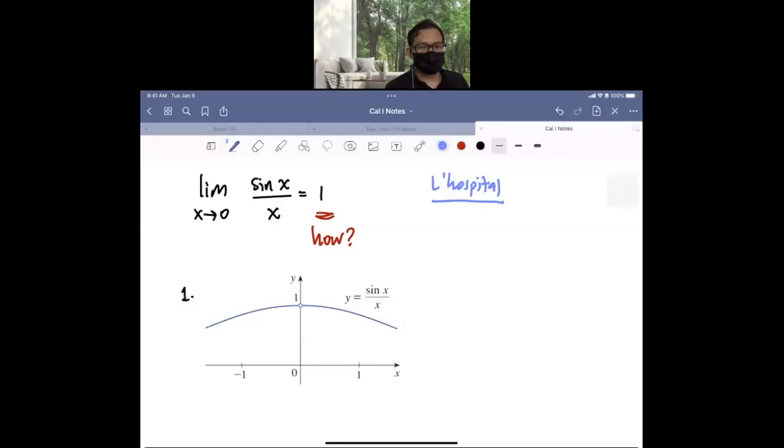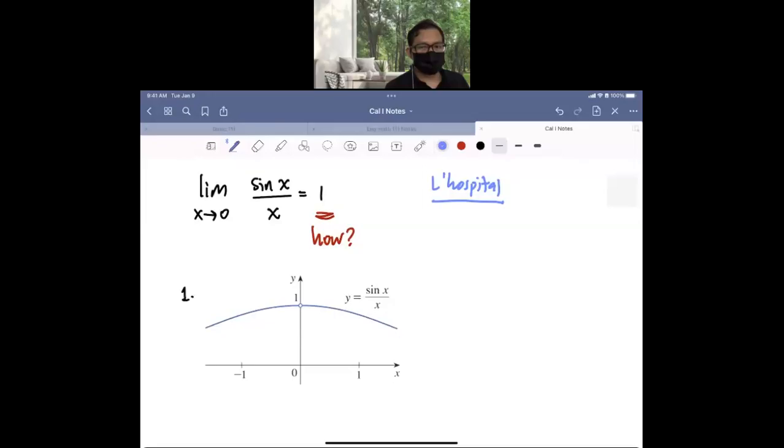Whenever you find 0 over 0 or infinity over infinity, you take the derivative of the top and the derivative of the bottom, and then you put 0 again, and that will be your answer. That is L'Hopital's rule. But we will learn that later, in chapter 6.